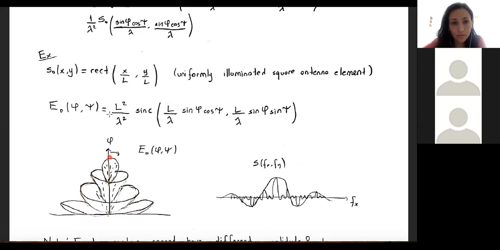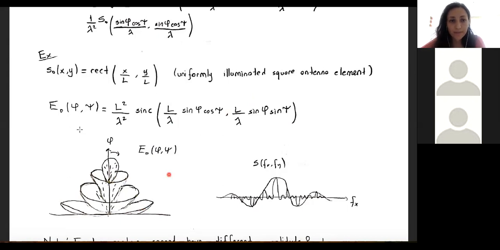So if you use a simple rectangular illumination function, then your antenna radiation pattern is pointing along the z-axis, mostly. And there are side lobes due to the zeros you have. Here you have the first zero, another zero, the second zero here, the third zero here. Those are all coming from the angles that make the insides of these expressions integers.